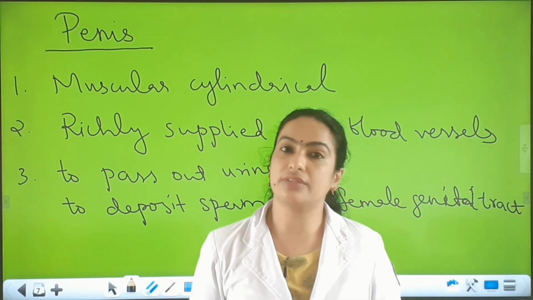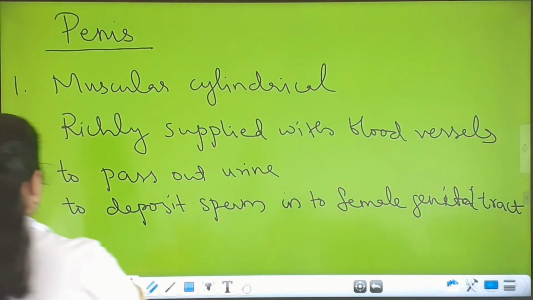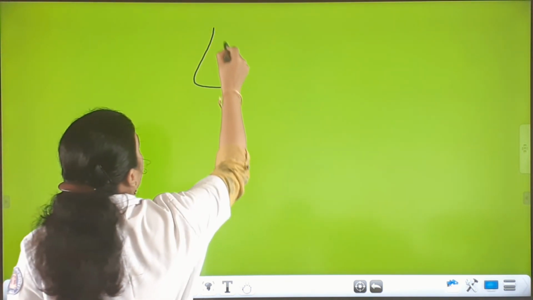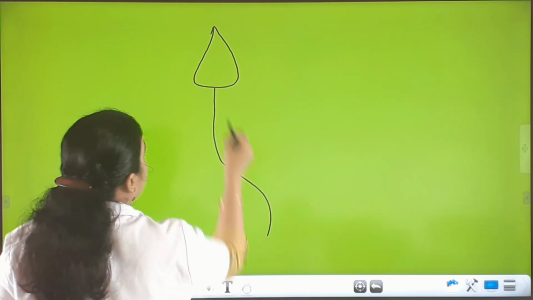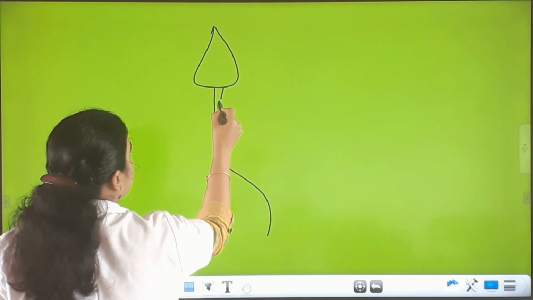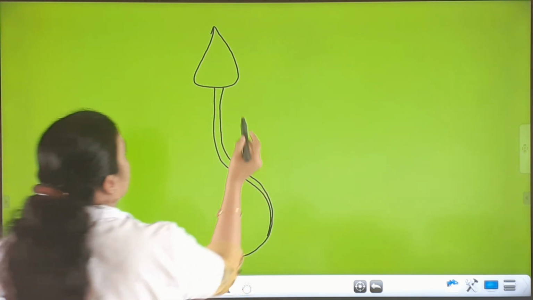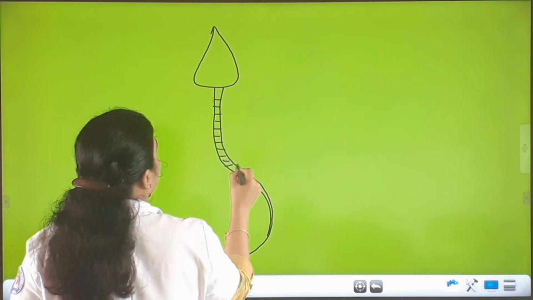And the sperm structure you learned in 8th standard. What is the sperm structure? In 8th standard you already learned there is a head region, then a tail region. Here you can see the middle piece.